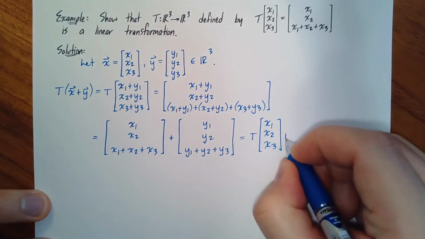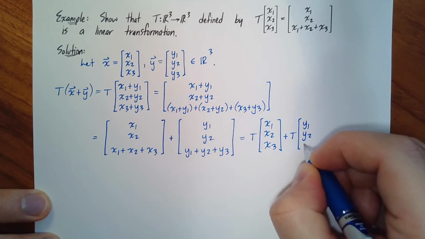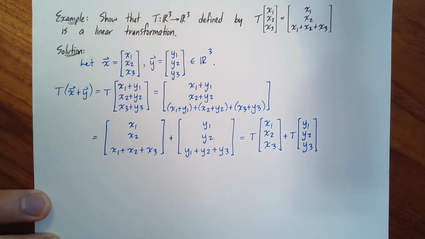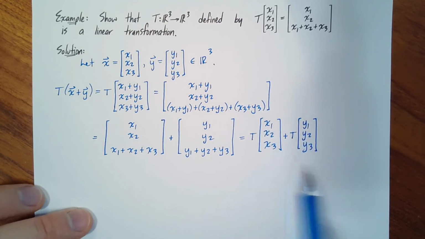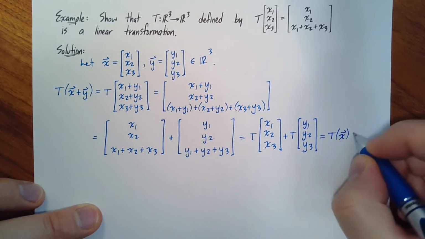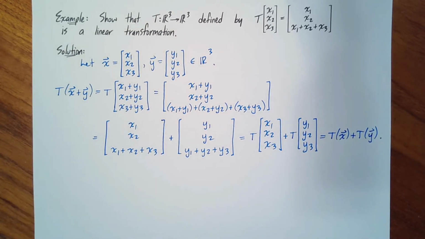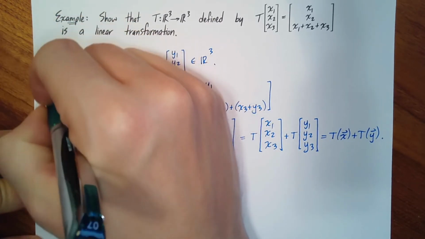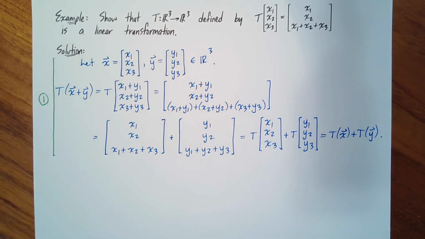So actually what we have here is plus t of y1, y2, and y3. So great, that's done, because this is t of x, and this is t of y. So that completes the first condition. And just in keeping with the tradition here, I'm going to put a bracket to indicate this is all for checking the first condition.